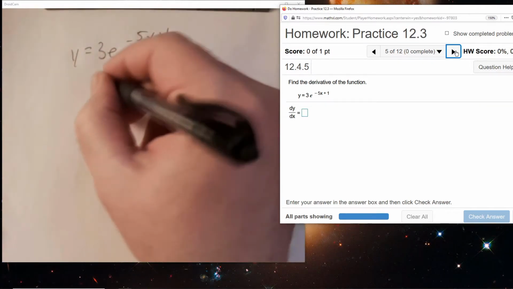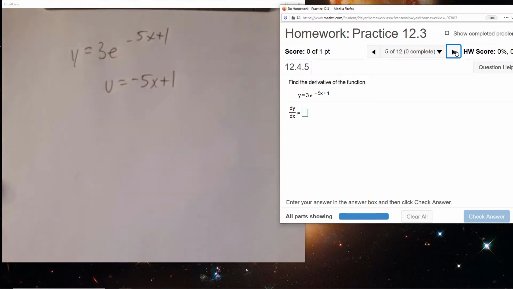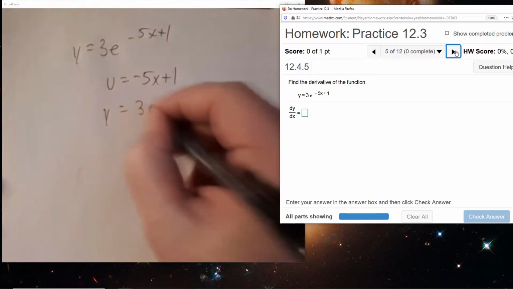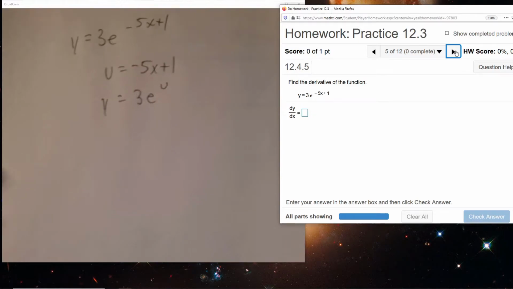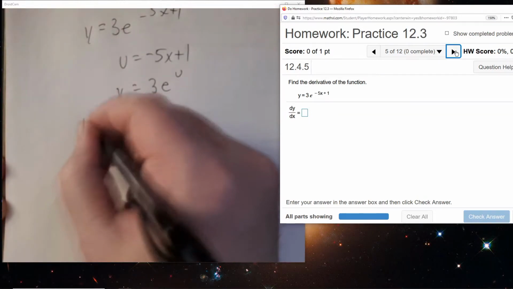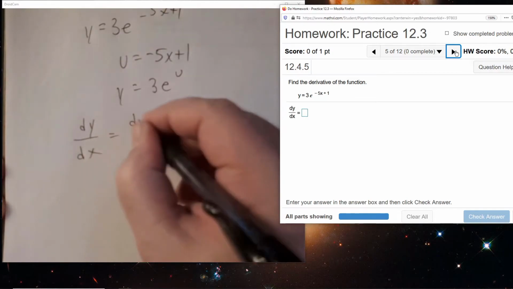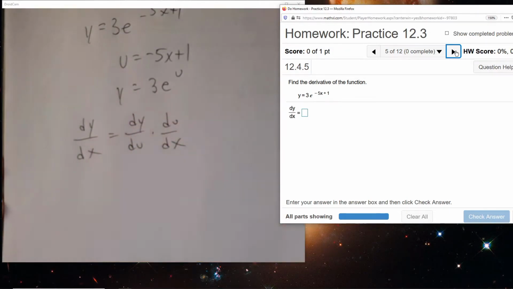So we define the inner function as u, which means the outer function then just becomes 3e to the u. Notice our letters are y and x here, so the derivative is dy dx. The chain rule says this also equals this expression. That is the chain rule.